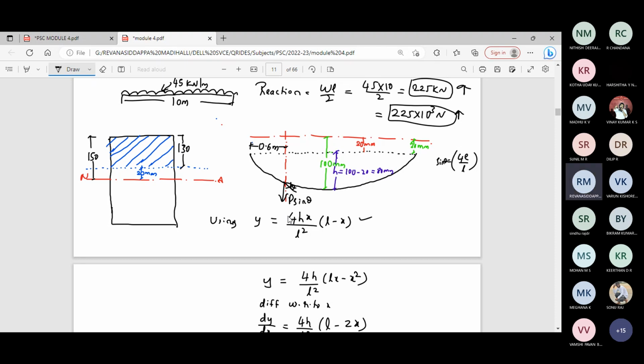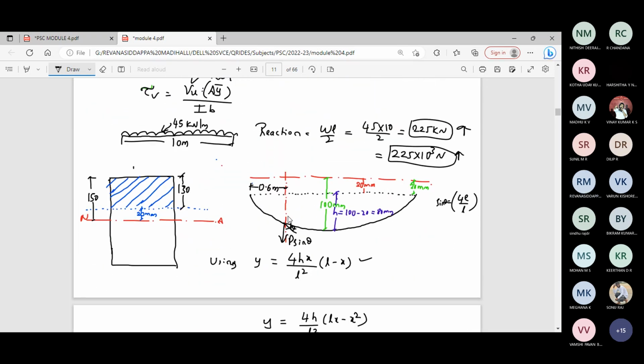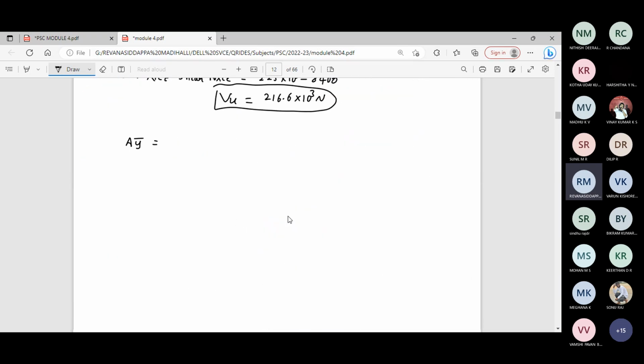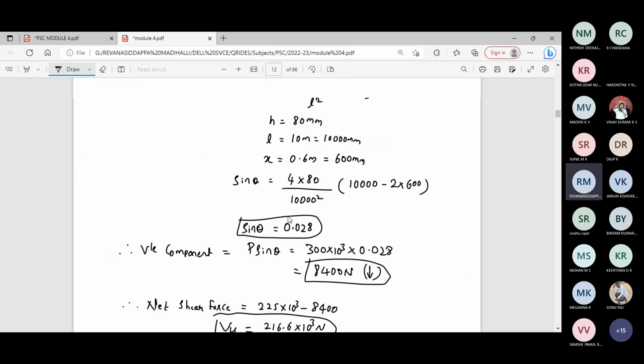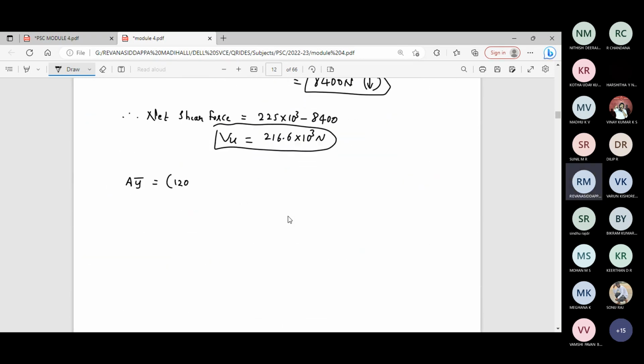Area of the shaded portion 130, and width of the beam is 120 mm. We need to find the static moment of area of the shaded portion. What is the area of shaded portion? 120 into 130 into y bar.